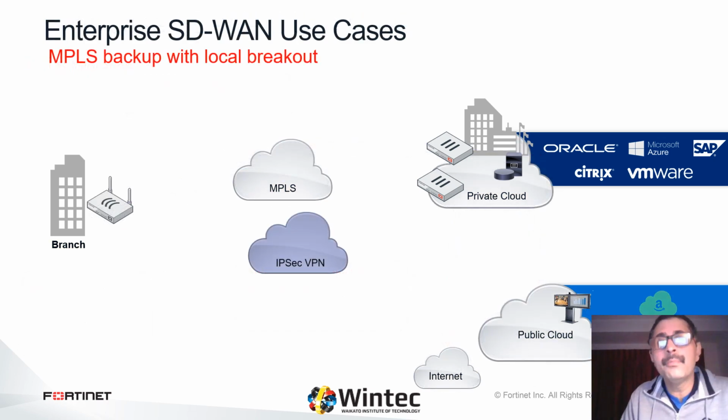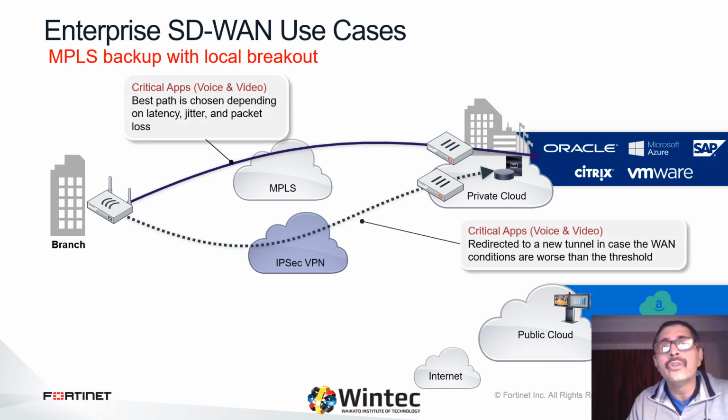Now, in the example shown on the slide, the customer would like to keep MPLS for business critical applications while adding flexibility and redundancy. So MPLS has been used to send business critical traffic, for example, voice and video, based on the best path with less delay, jitter, or packet loss. In case the current path degrades below the policy threshold, business critical traffic will be rerouted to a new tunnel.